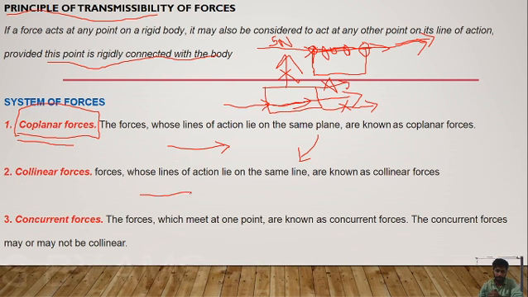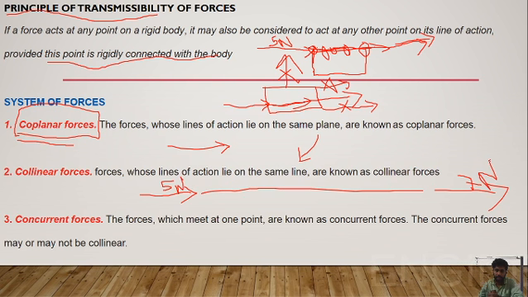Suppose a force is acting here and a force is acting here. This is 5 Newton, this is 7 Newton. These two forces are lying in the same line, so these two forces are collinear.